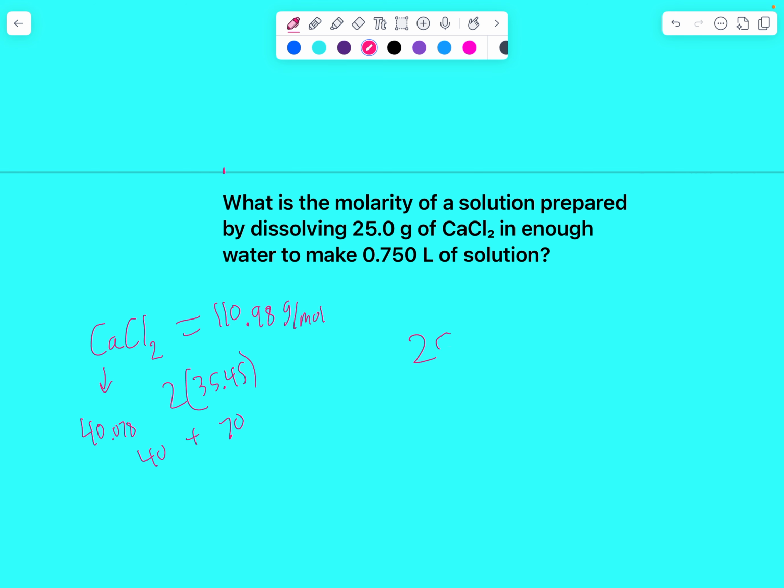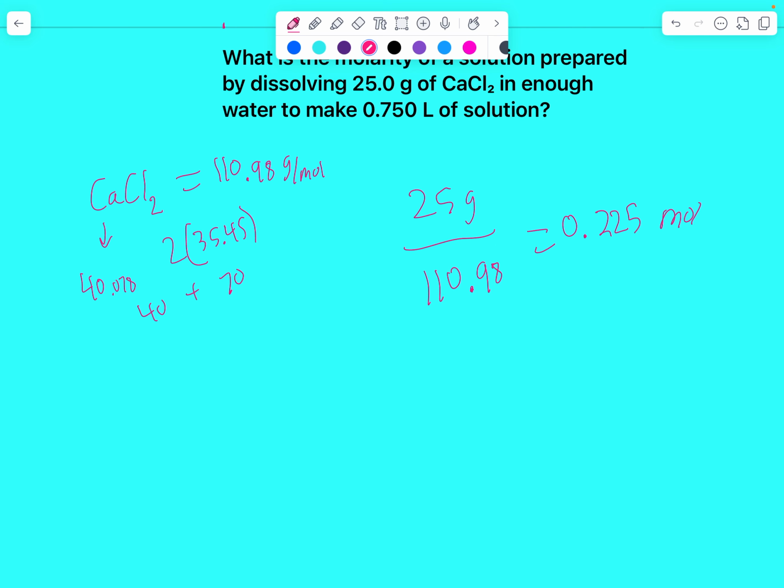So I'm going to take the 25 grams that they gave me in the problem, I'm going to divide it by the molar mass. And when I do that, I get 0.225 moles. Okay, and then I'm going to plug into the molarity equation. So the molarity would be 0.225 divided by 0.750.